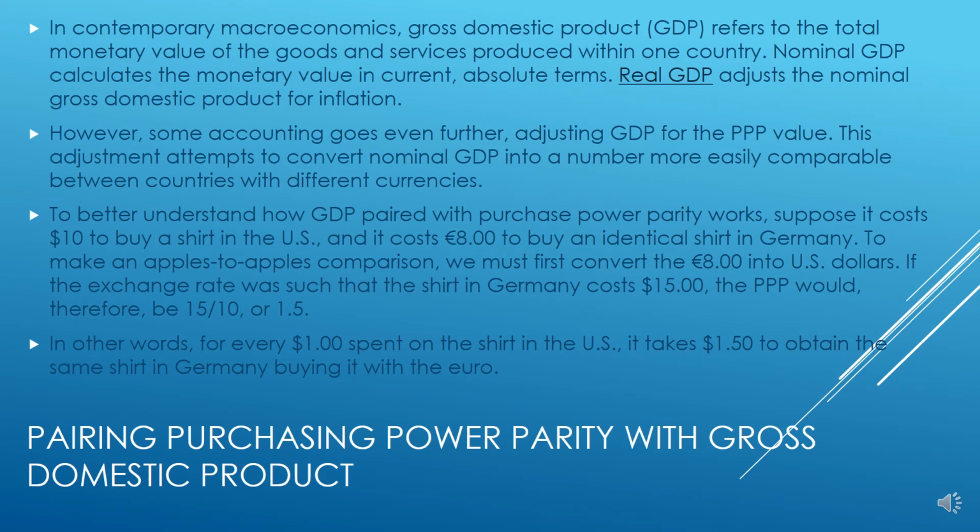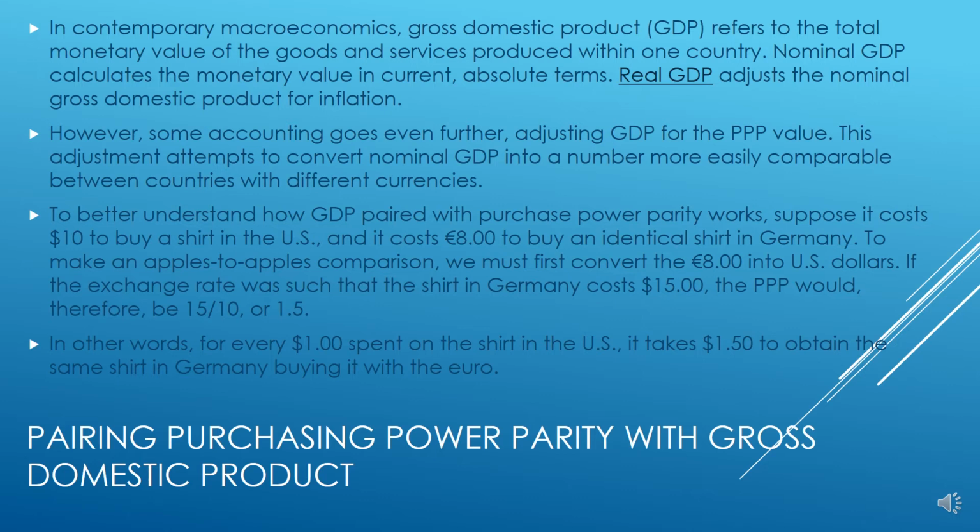How to pair purchasing power parity with gross domestic product? In contemporary macroeconomics, gross domestic product is what? It is the total monetary value of the goods and services produced within one country. So, nominal gross domestic product calculates the monetary value in current absolute terms.